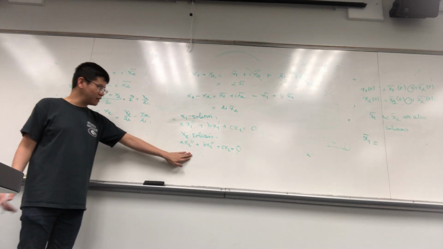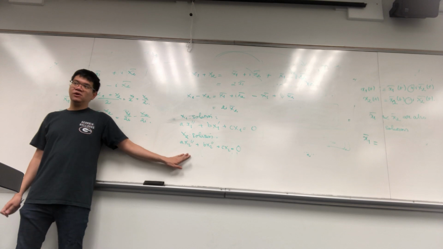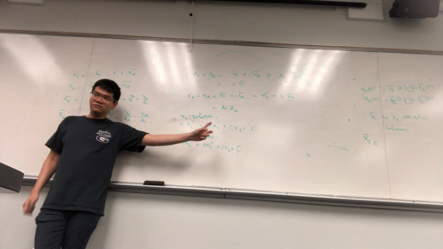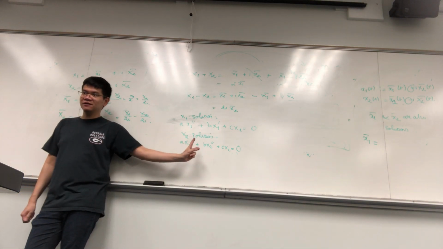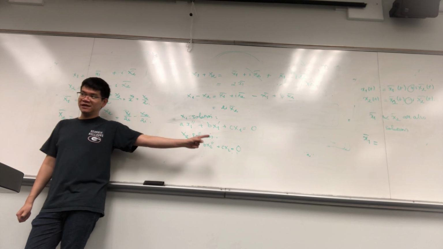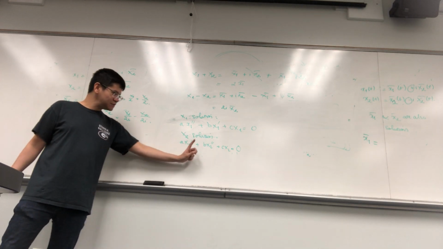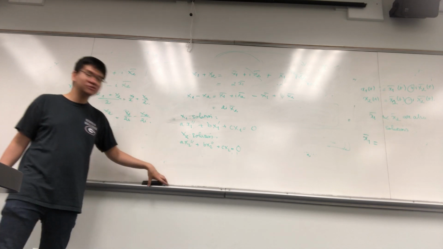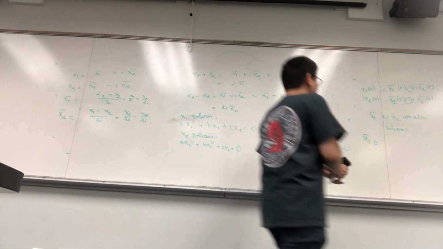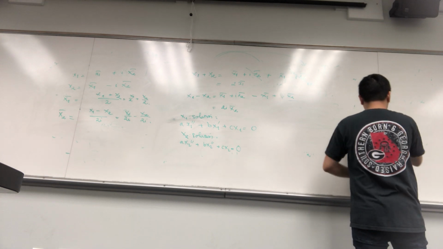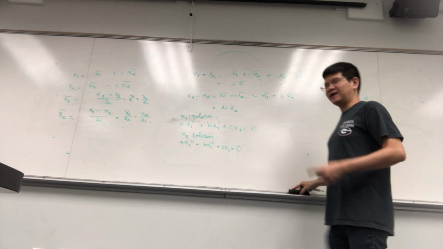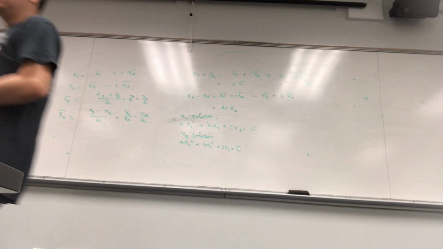So x1 and x2 are both solutions of the equation. So you can write down the form of the equation. You have a x1 second plus b x1 prime plus c x1 is going to be 0, and a x2 second plus b x2 prime plus c x2 is also 0. Now I'm going to prove that x1 bar is also a solution to this equation.